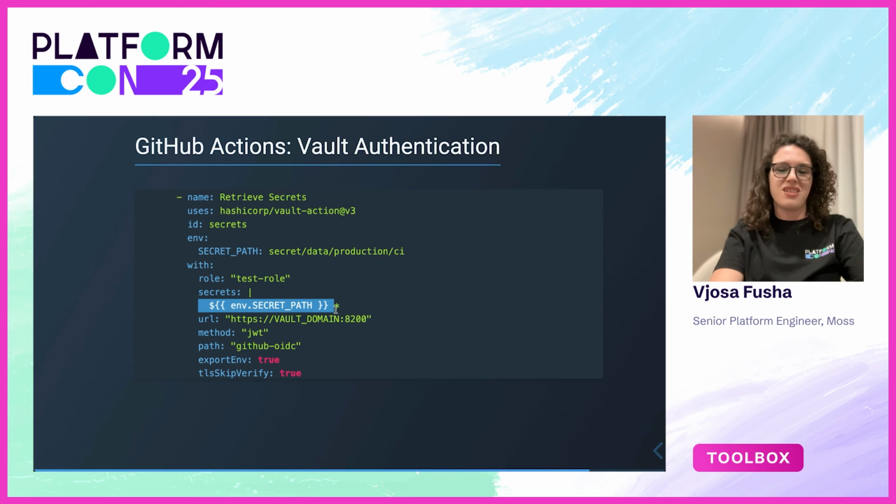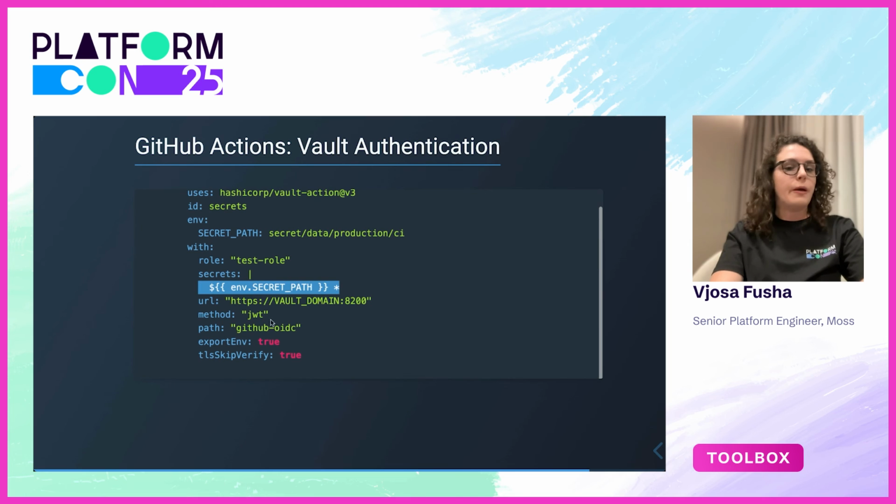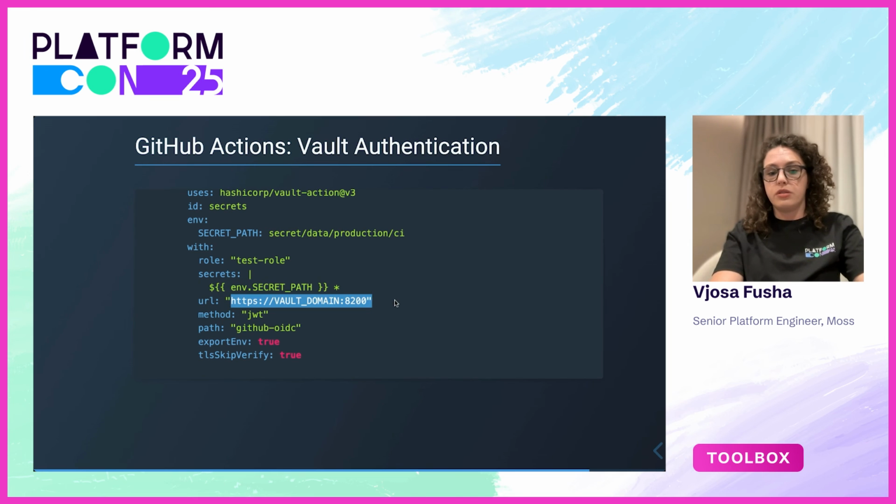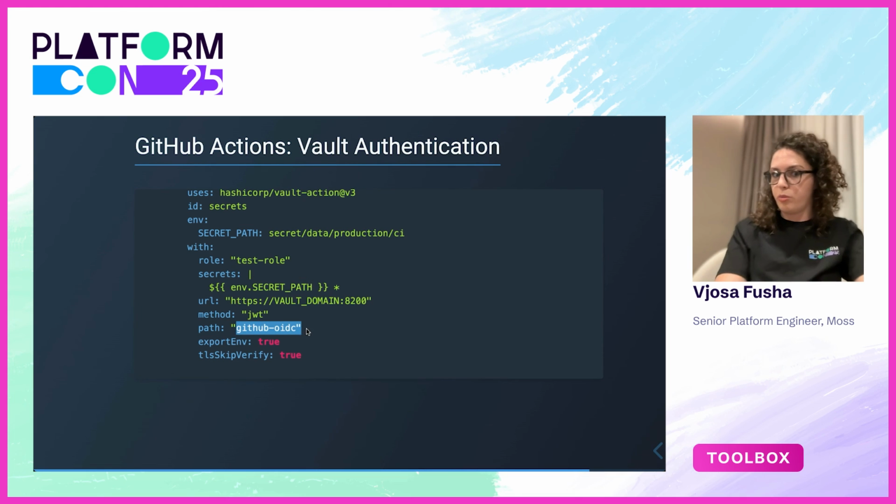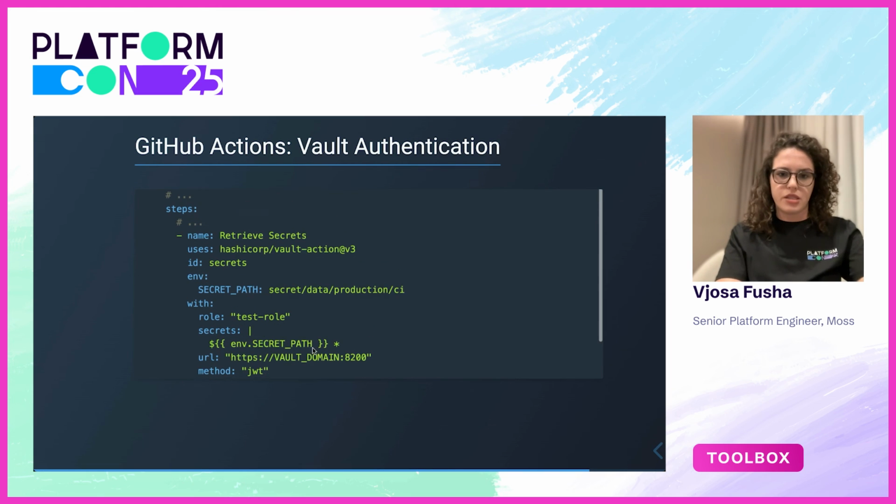In my case, I'm retrieving all the secrets, but as you need, you can get certain secrets. You can change the name of the secret based on how you need it. This is just for us to show the example. We need the Vault URL, your Vault instance URL, the method JWT, the path that we already created for the backend, and some certain other variables that we can set.